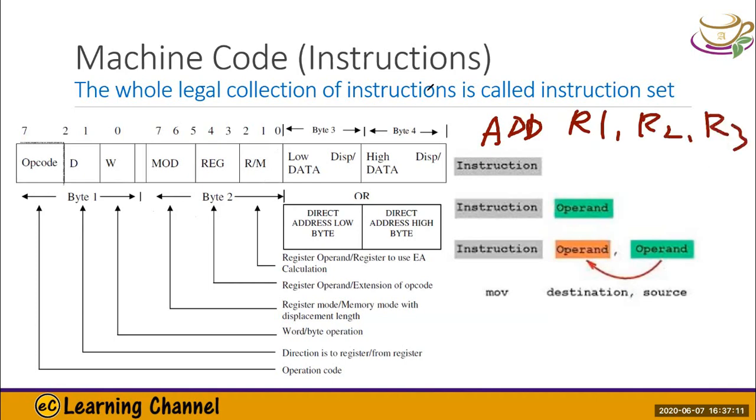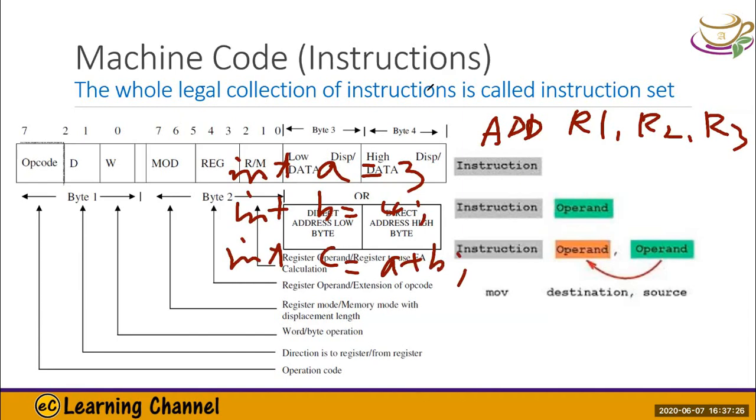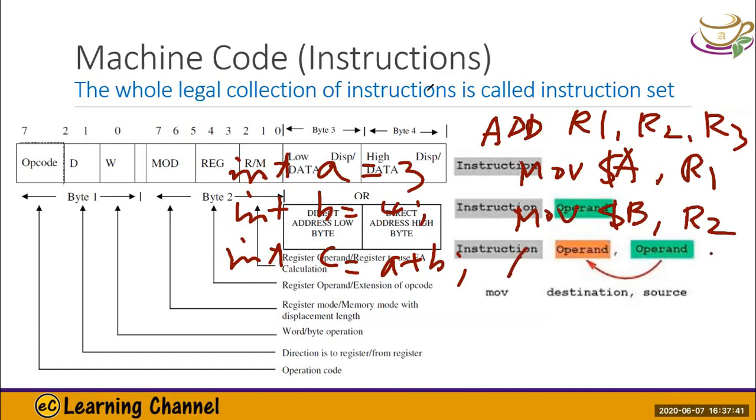If we write a program, say integer a equals 3, integer b equals 4, and then integer c equals a plus b, it means you move the data at address a to register 1, then move the data at address b to register 2, and then add register 1 with register 2 into register 3.